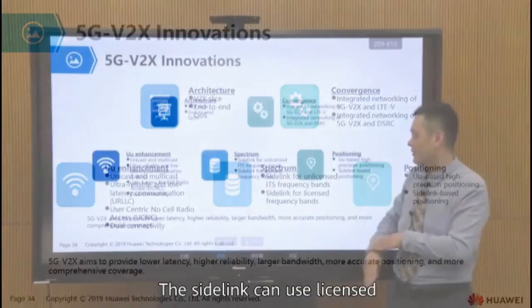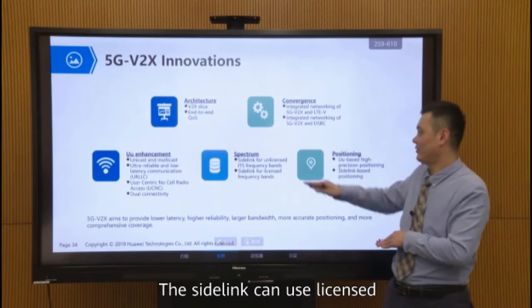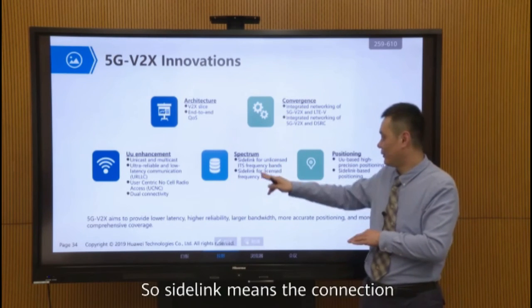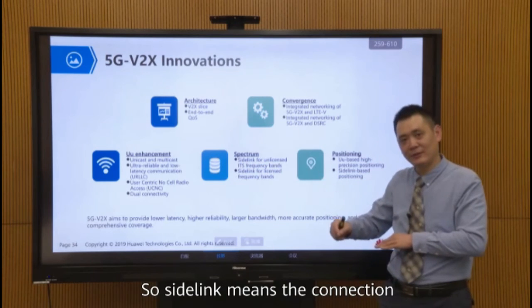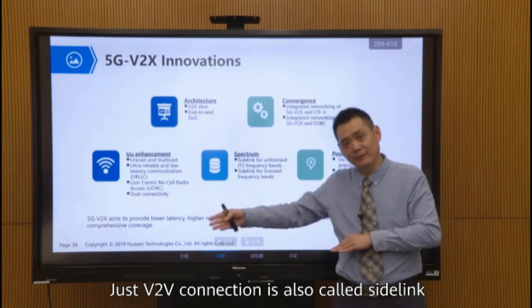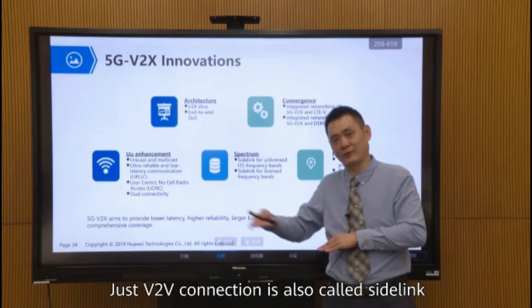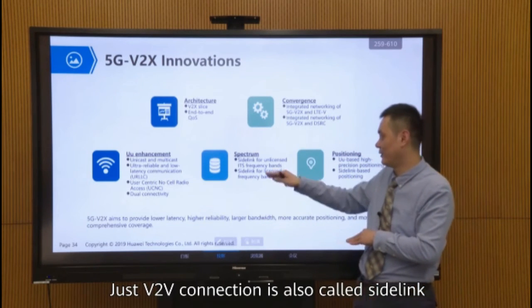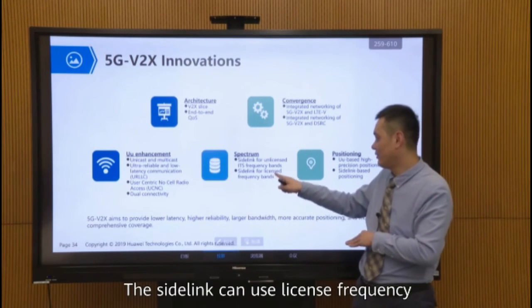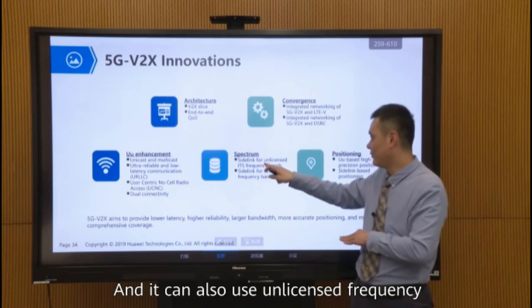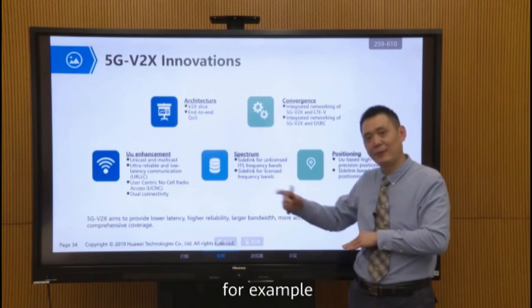Spectrum: the side link can use licensed or unlicensed frequencies. Side link means the connection between vehicles. A V2V connection is also called a side link. This side link can use licensed frequency, the 5G frequency, and it can also use unlicensed frequency, for example the public frequency.